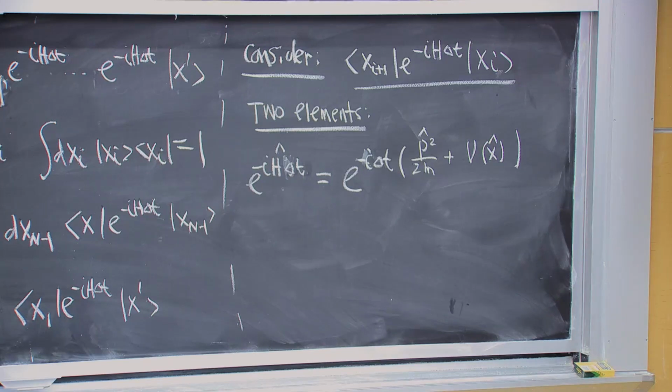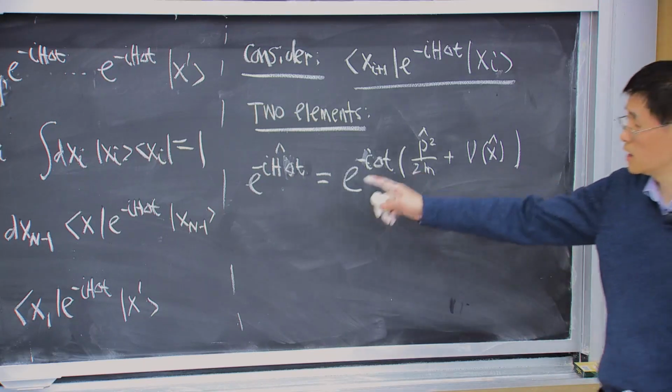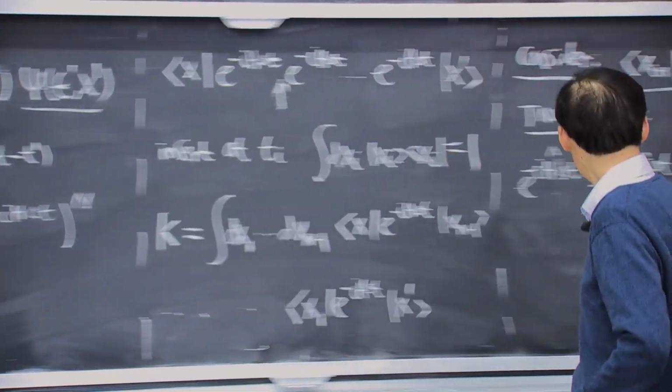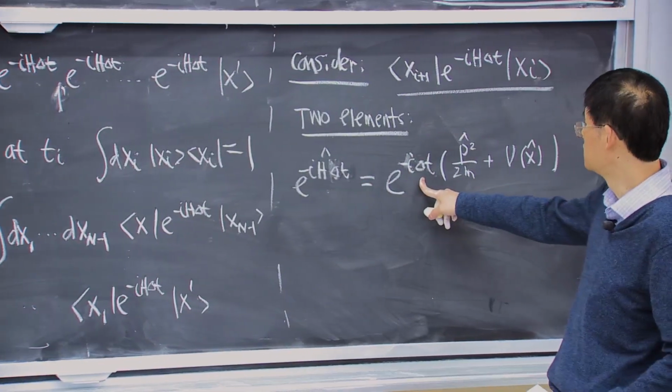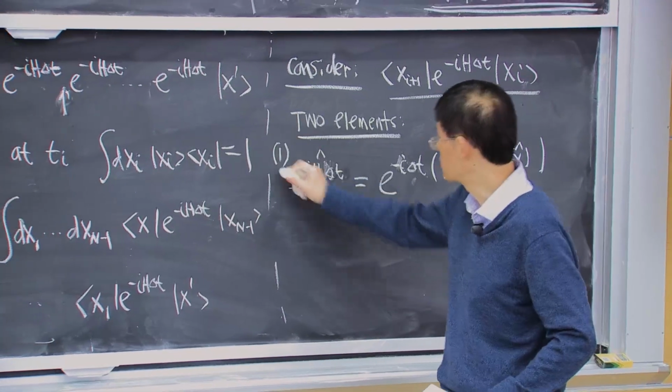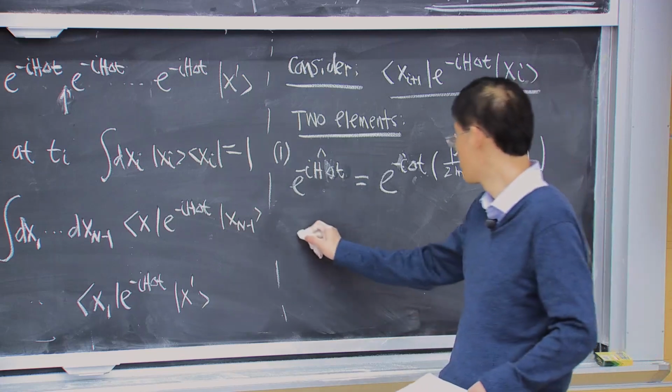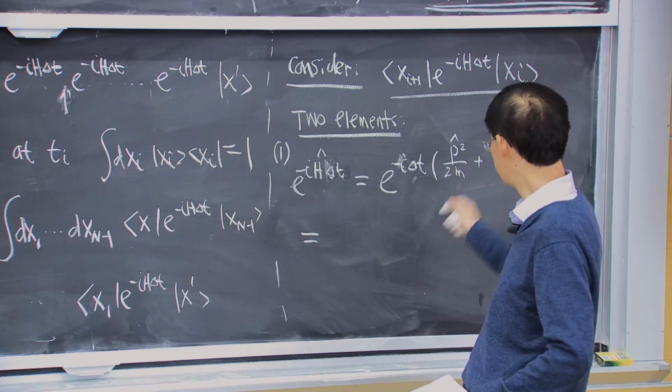Now, because delta t is small, goes to 0, then to leading order in delta t, this is the first element. We can actually just separate the exponential.